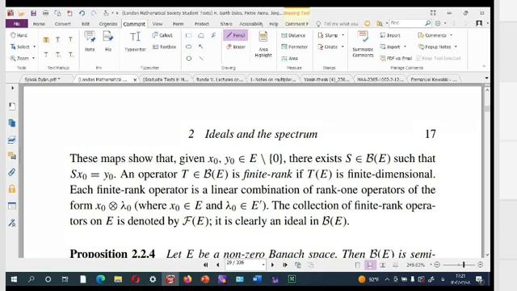Each finite rank operator is a linear combination of rank 1 operators of the form x0 tensor lambda, and this is very important.